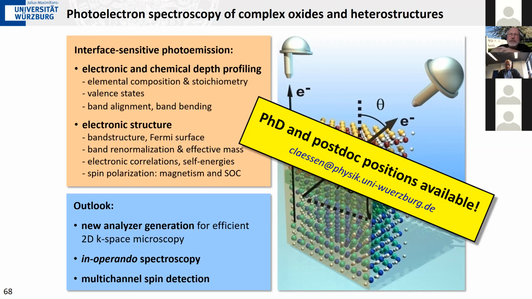That's a problem that is less severe in HAXPES because you create a hole in your state. You may have multiplets, of course, that you have to be aware of. 3d electrons can interact with the core hole that you have. Nonetheless, it's easier to interpret, whereas in X-ray absorption spectroscopy, that's often very difficult.